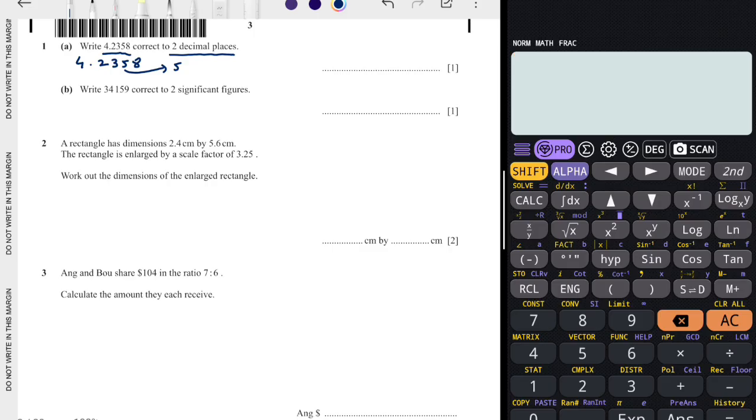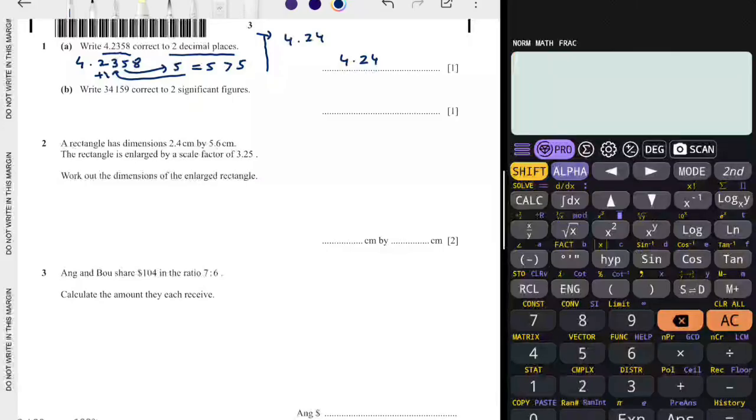If this value is equal to 5 or greater than 5, then we are going to add 1 to the previous value. So after adding it, your answer becomes 4.24. And if your value is lesser than 5, we are not going to make any changes.